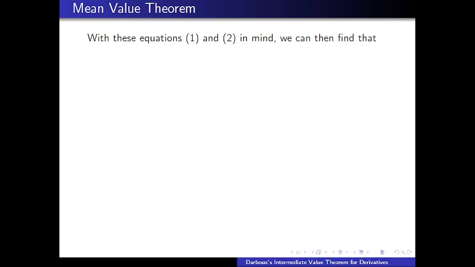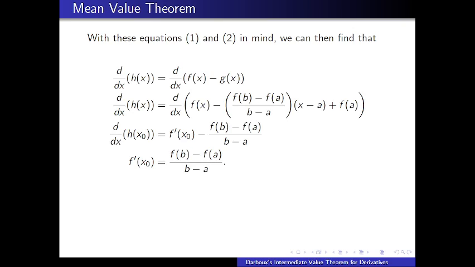With these two equations in mind, we also want to know that we can perform certain calculations. First, differentiate both sides of equation 2 and substitute equation 1 for g(x). With some simplifying according to the laws of derivatives, we let x be x0.